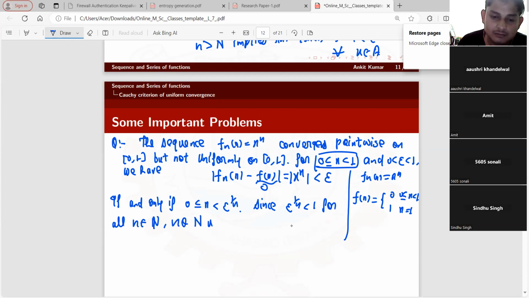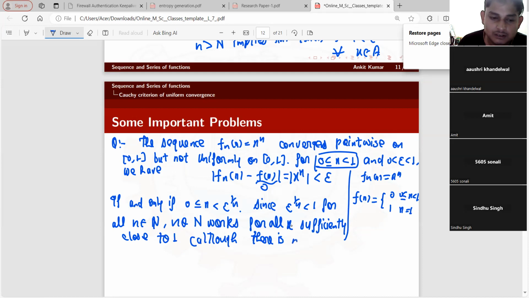No capital N works for all x sufficiently close to 1.